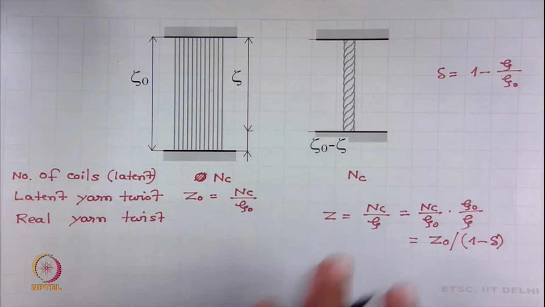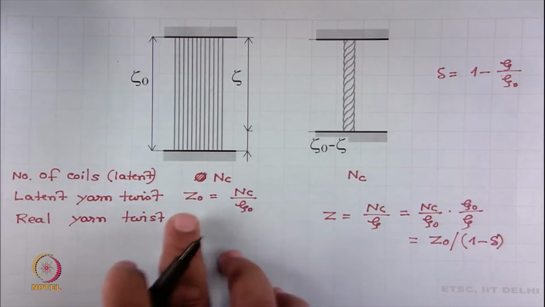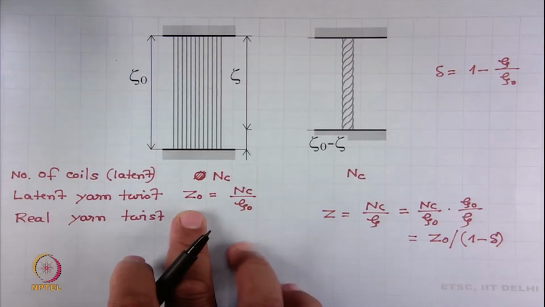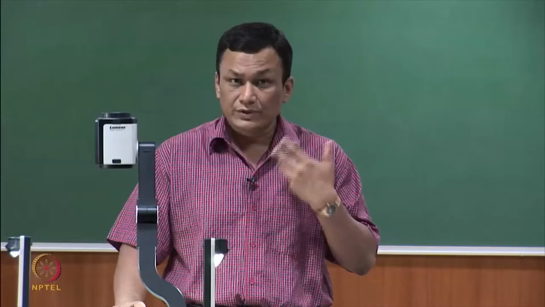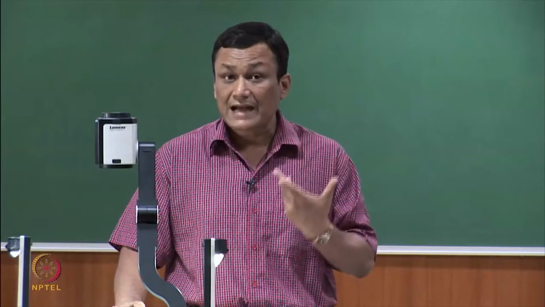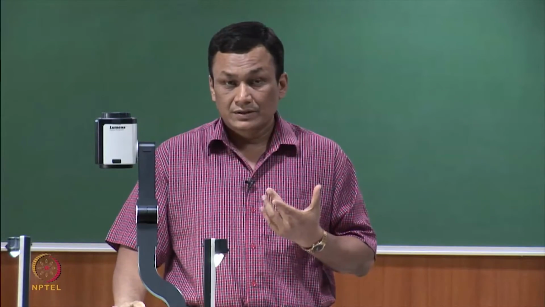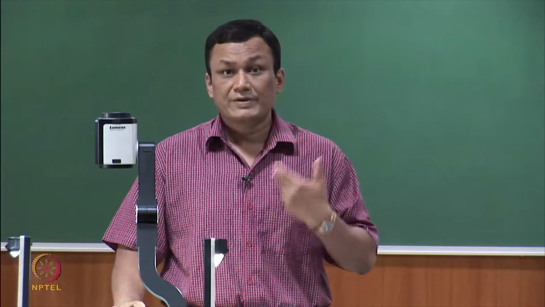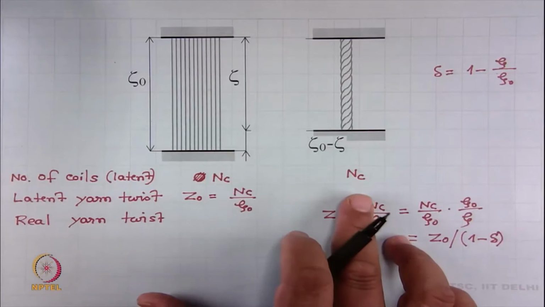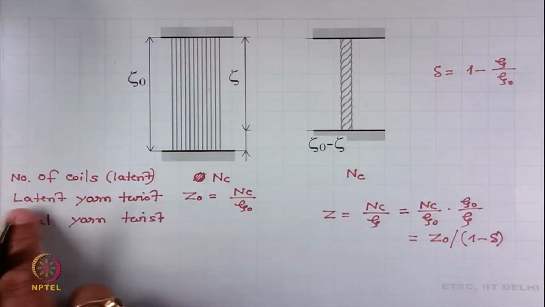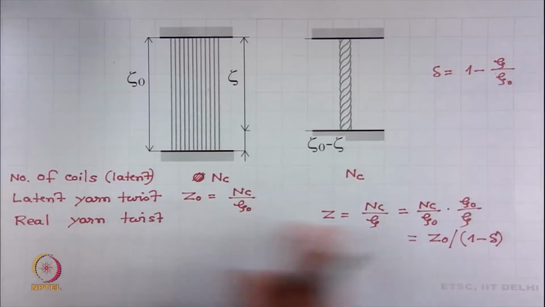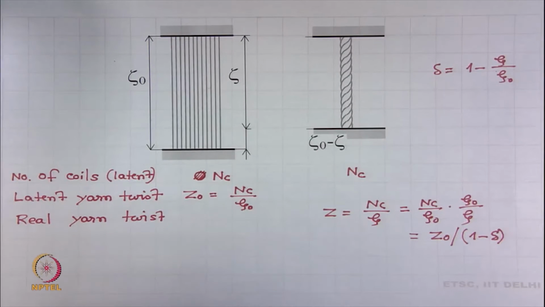So, this is the relationship between the two twists. Now, this is imaginative, because it is a parallel fiber bundle, it should not have any twist. However, we imagine that this was latent twist. This twist will be expressed in the yarn. So, that is why we use the word latent yarn twist, and here we use real yarn twist.